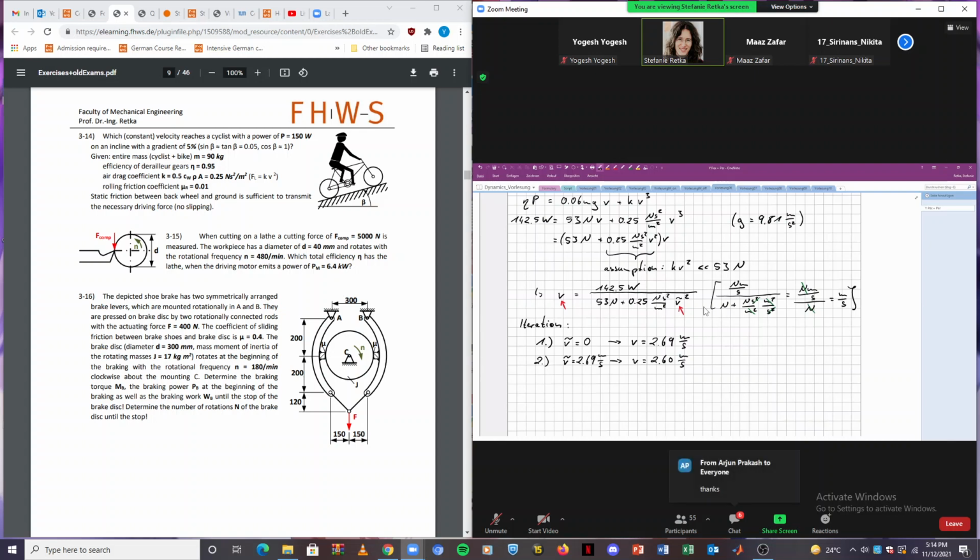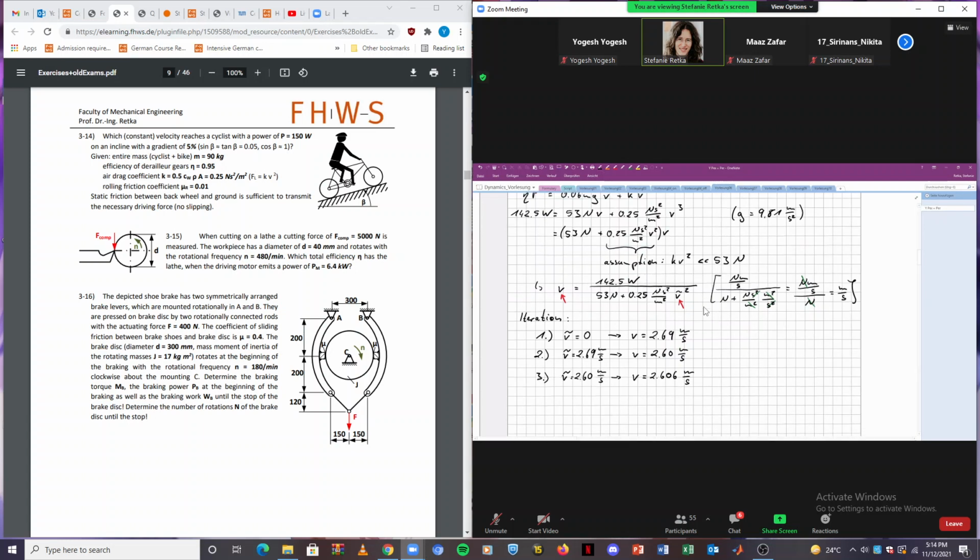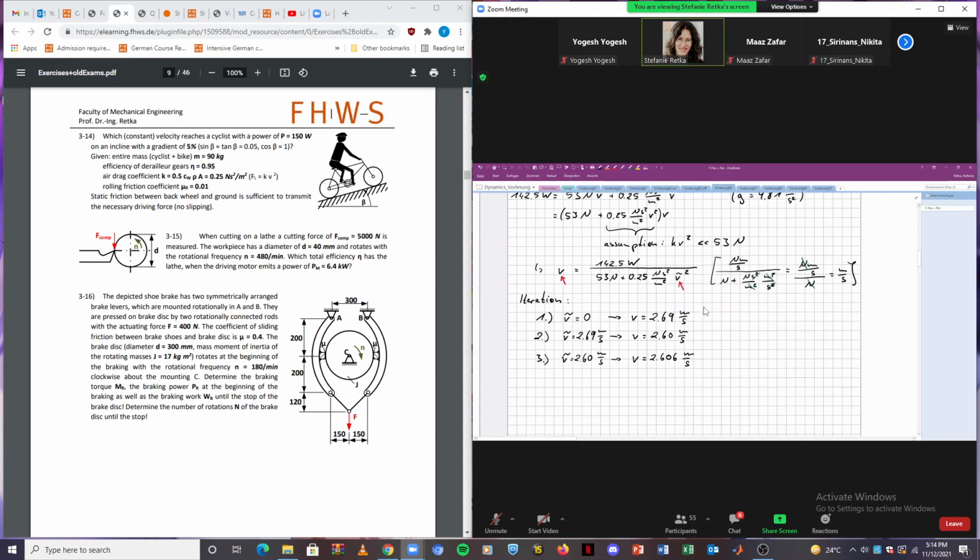Okay. Now, third step, we apply 2.60 meter per second, and we obtain 2.606 meter per second. So getting closer. The second digit is correct.